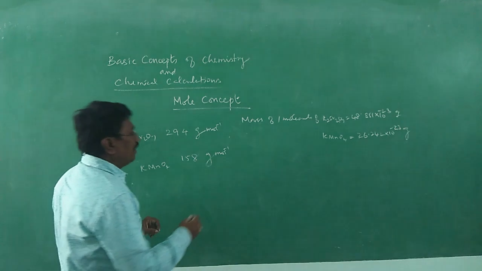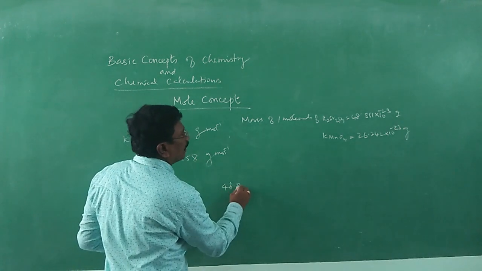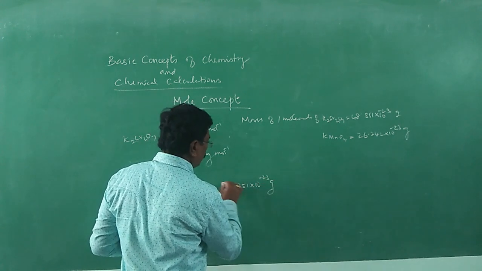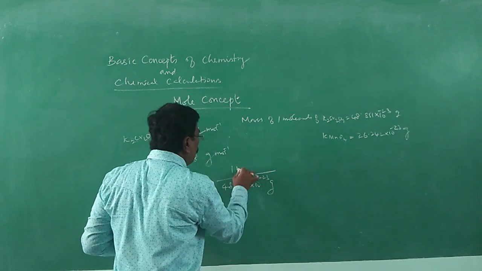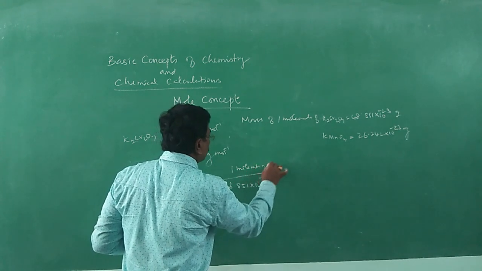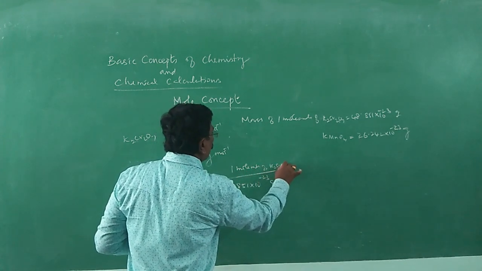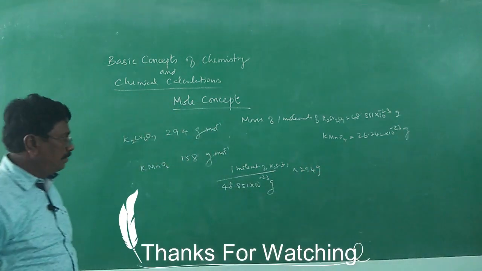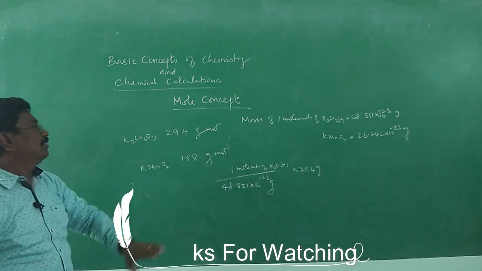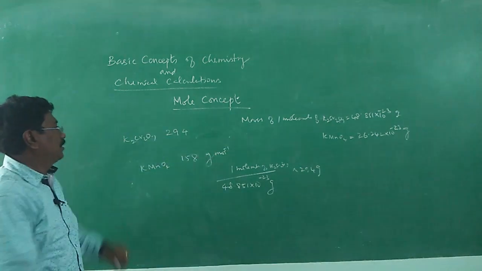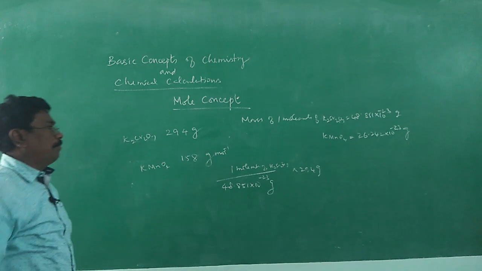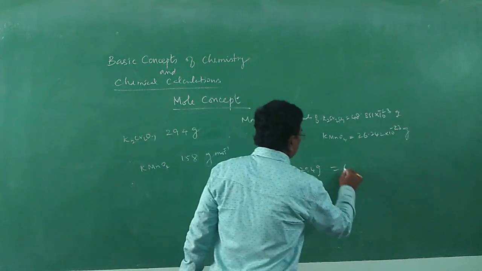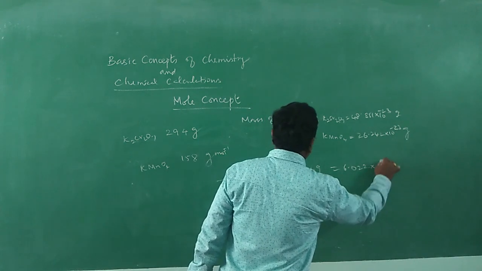That means I can say 48.851 into 10 power minus 23 gram of potassium dichromate corresponds to 1 molecule of potassium dichromate. If I take 1 molecular mass, that is 294 gram, I need not say gram per mole also. If I take 294 gram, it corresponds to Avogadro number 6.022 into 10 power 23.